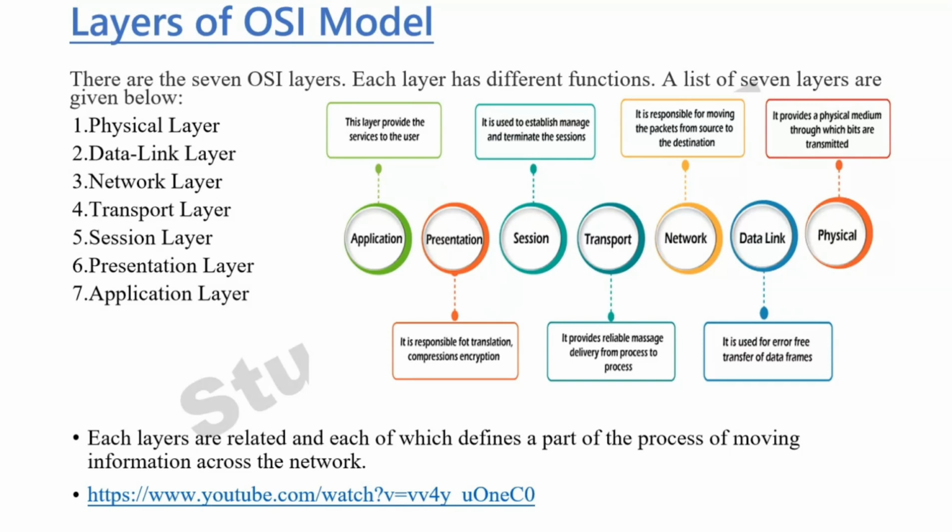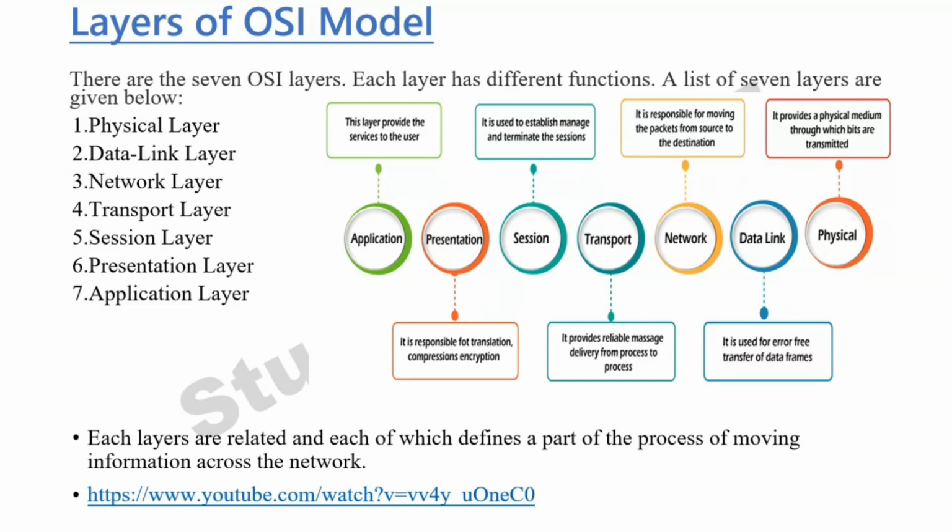If you look at the functionality in the diagram, the application layer provides the services to the user, and the presentation layer is responsible for translation, compression, encryption, all those things. It also takes care of the semantics and the syntax of the communication.